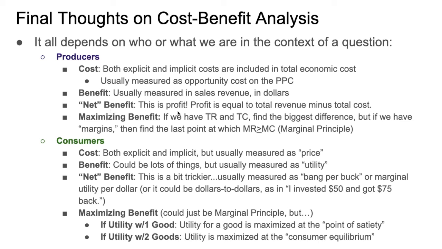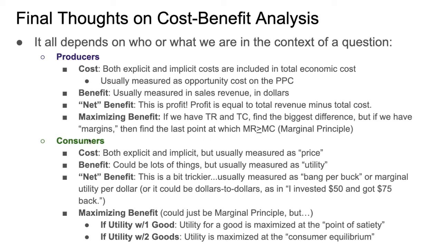Net benefit is just profit, right, which is total revenue minus total cost, but sometimes that's not what you're given. Okay, maximizing benefit is easy if we do have total revenue and total cost, but if we only have the margins, then we have to find the marginal principle, the last point at which the marginal revenue is greater than or equal to the marginal cost. We're going to work on that a little bit more in a future unit.